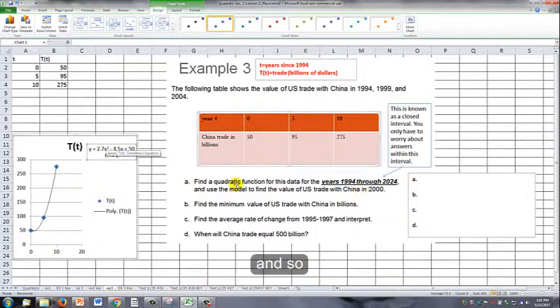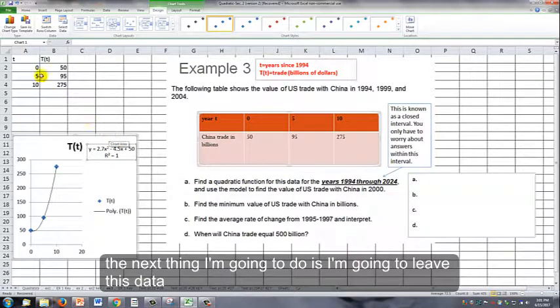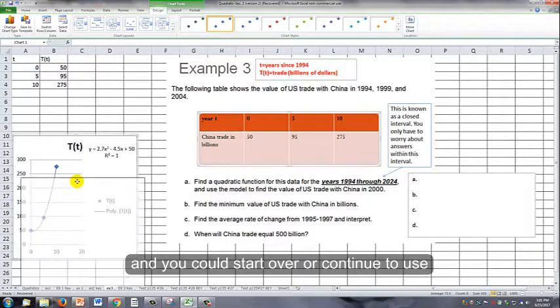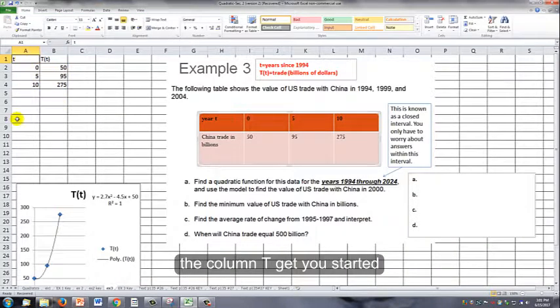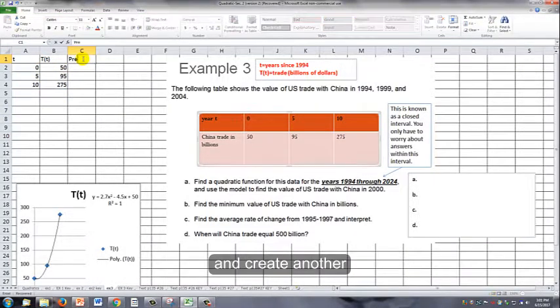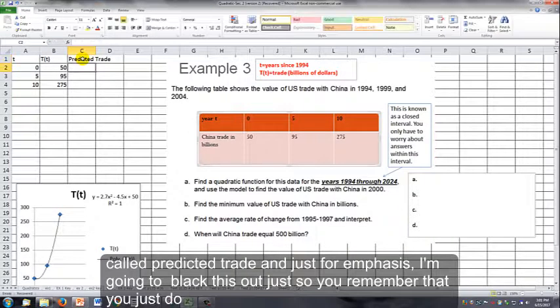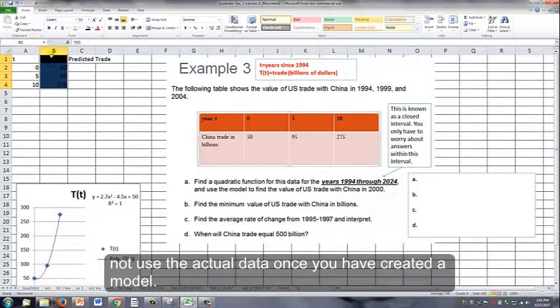And so the next thing I'm going to do is leave this data, and you could start over or continue to use the column T that you started and create another called predicted trade. And just for emphasis, I'm going to black this out just so you remember that you do not use the actual data once you have created a model.